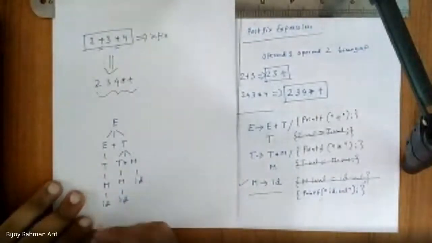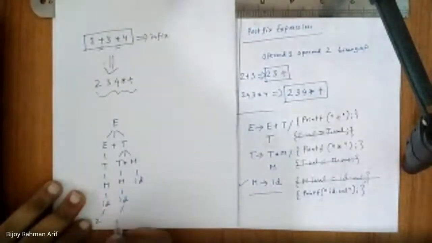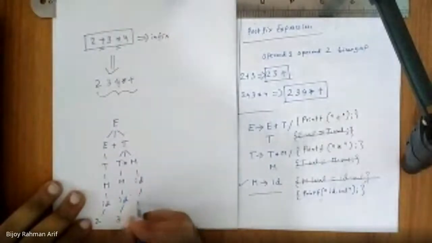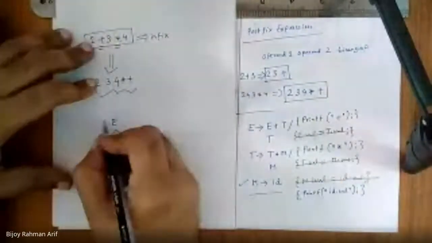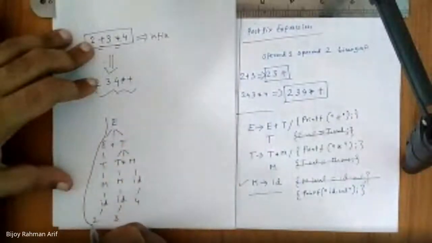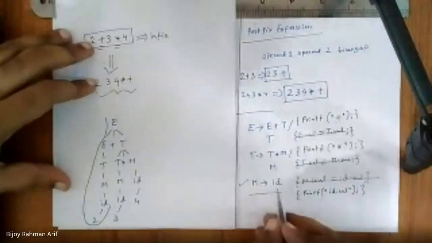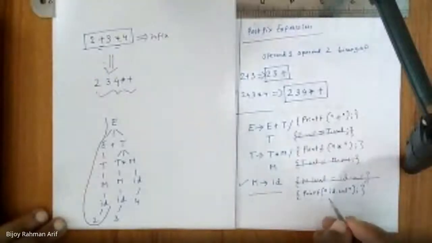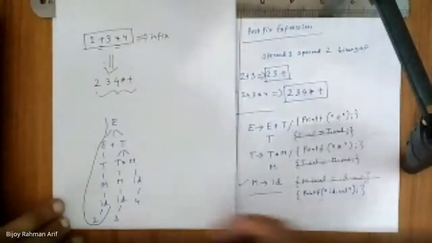This ID is nothing but the value 2, this one is the value 3, this one is the value 4. Now traverse. If you traverse, what do you get? First one, first production, ID derives to M. So what is the action? printf id dot val. Good. So I'm going to print 2.